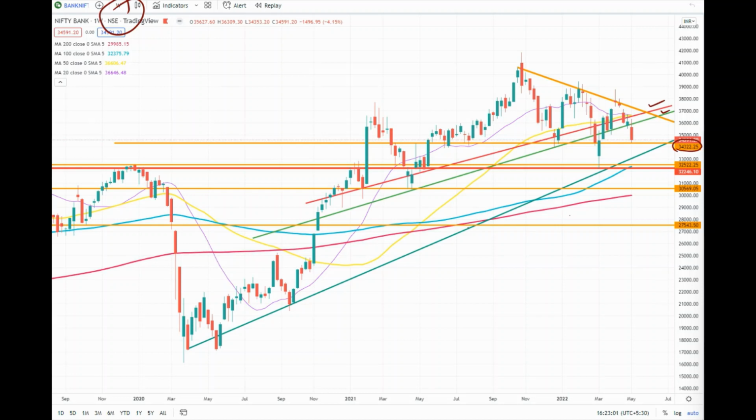On a weekly time frame, you can see that the trend is negative.